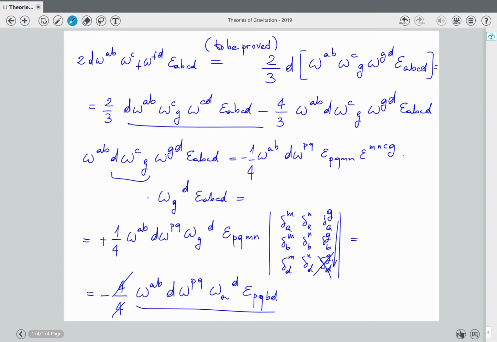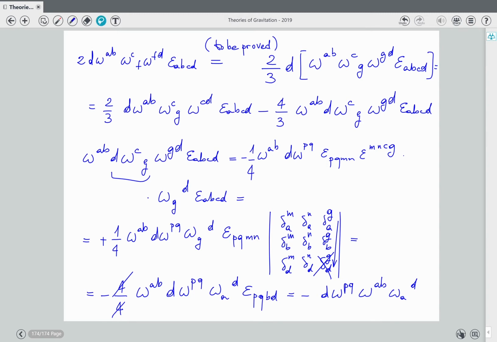And that is true, or what? Let's see. So we have minus. Let me exchange the d omega PQ with omega AB, because d omega is a 2 form, so I can exchange it. And then we will have to rearrange these indices a little bit.